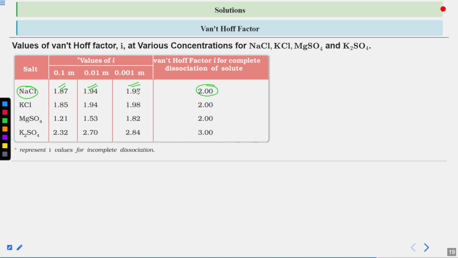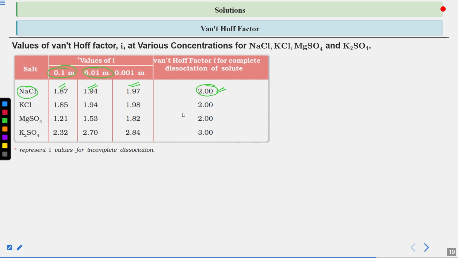In your calculation, you will take 2. No problem with that. But in actual sense, if the concentration is high, at a higher concentration like 0.1 m, you have a value which is at a greater distance from the ideal value. As we go on decreasing this concentration, our value becomes close to the ideal value.